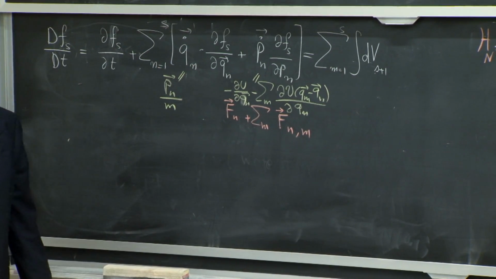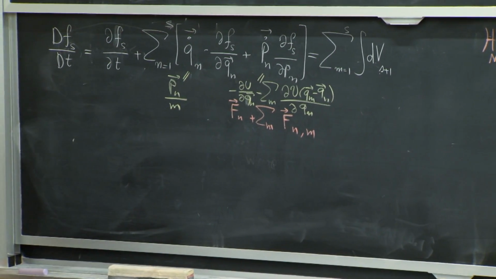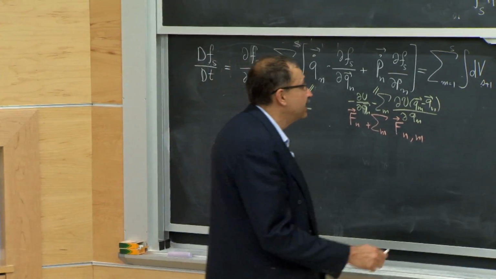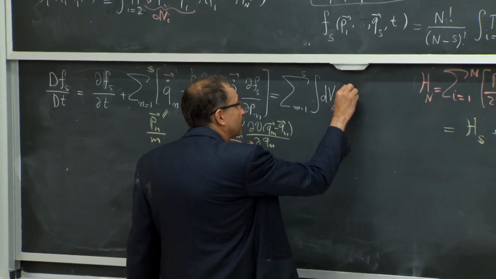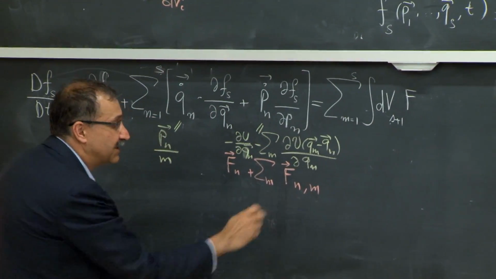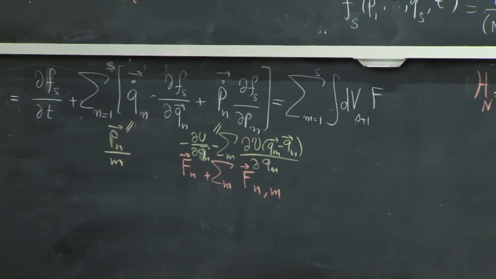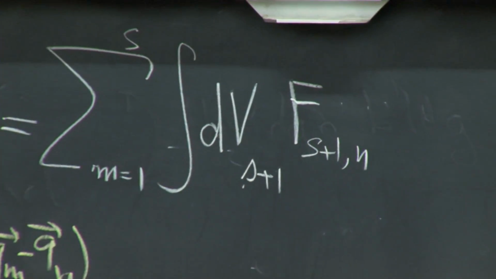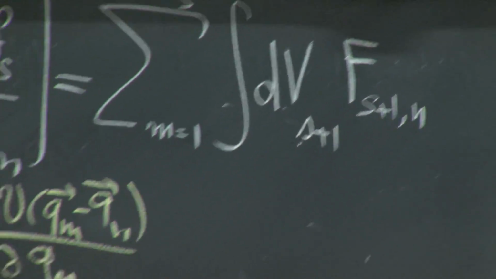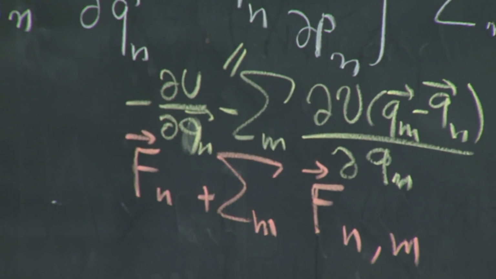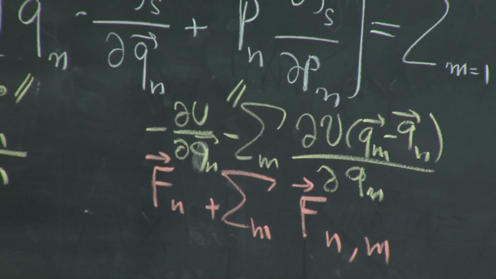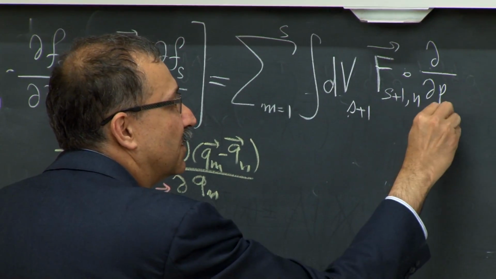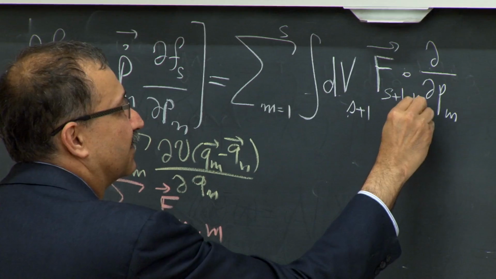So there is an index that runs from 1 to s. And what I would have here is the force that will come from this s+1 particle acting on particle n, in the same way that this force was deriving the change of the momentum. This force will derive the change of the momentum of, I guess I put m here.